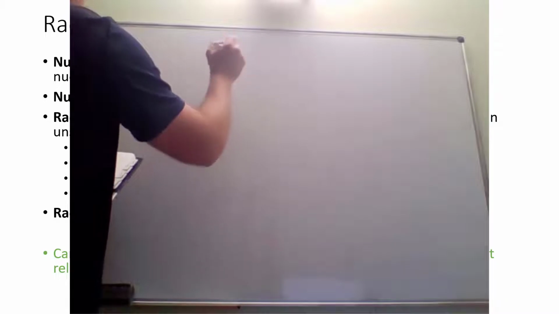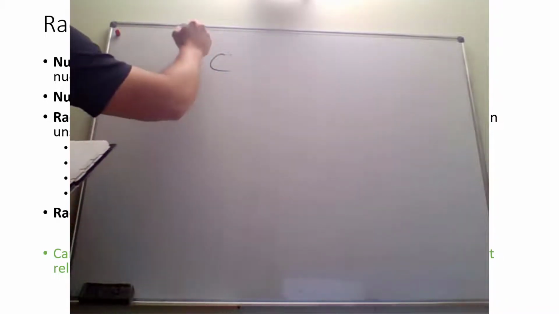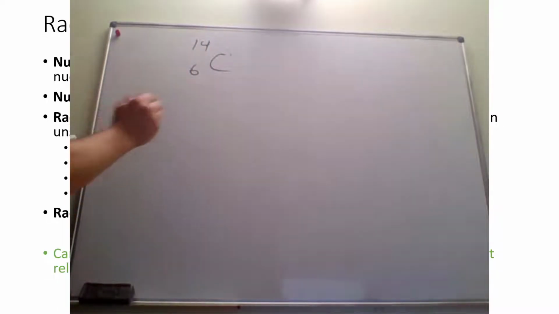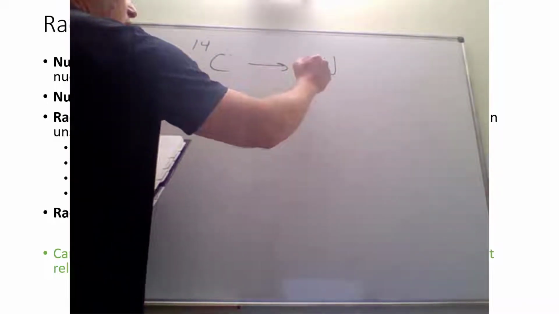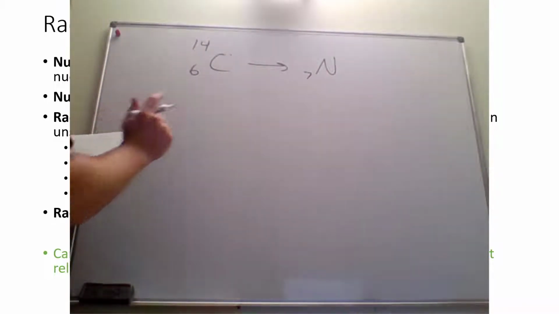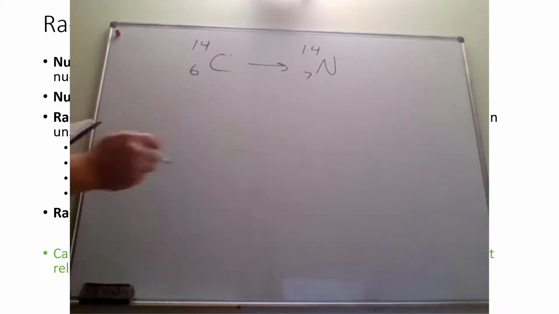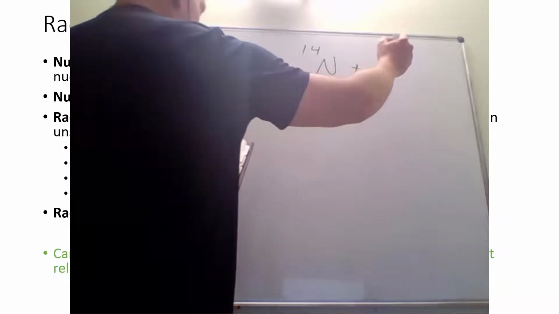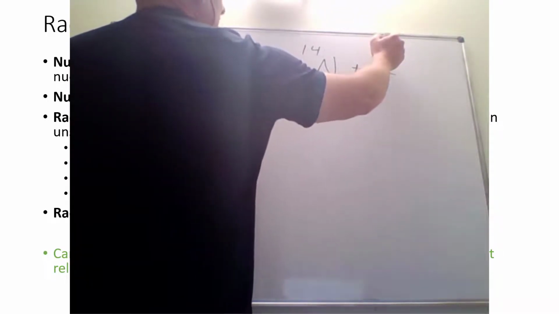We have our symbol for carbon, and we know from our periodic table we have an atomic number of 6 and a mass number of 14. And what we're going to have is a radioactive decay where we increase our atomic number up to 7, and we keep our mass number at 14. This process involves the release of an electron.